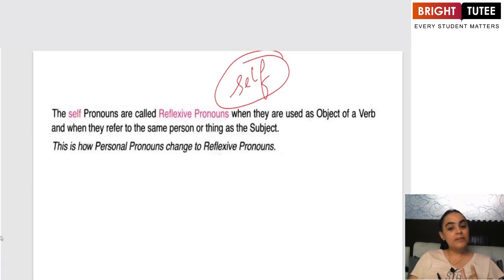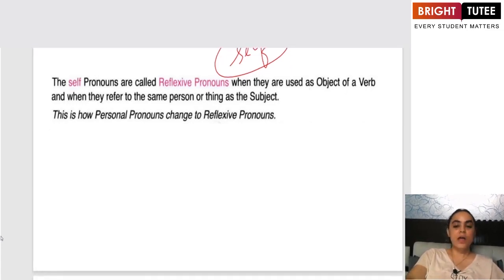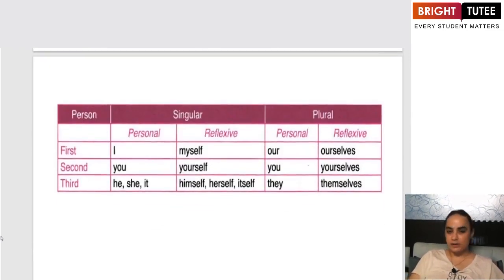Why did I make a mention of the object over here? You are going to learn about that later in case of emphatic pronouns. So right now, the only thing you need to remember is that when my pronoun, which has a self at the end of it, is used as an object of the verb, that is, it is used along with the verb and is talking about the subject, that is known as the reflexive. How do we change? This is the table. Again, something that we have already discussed.